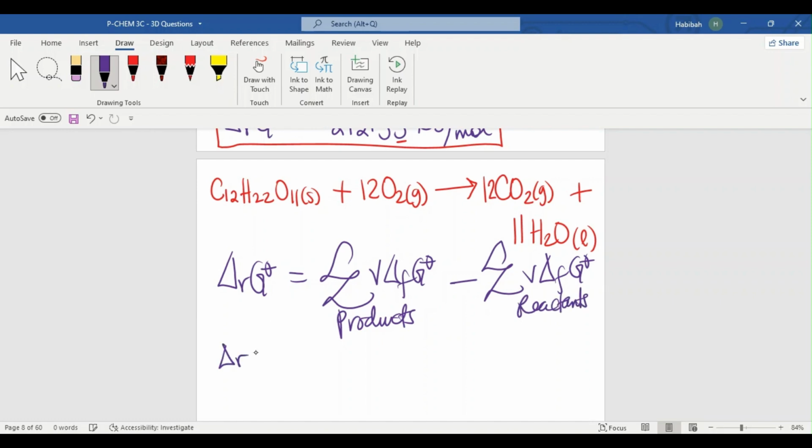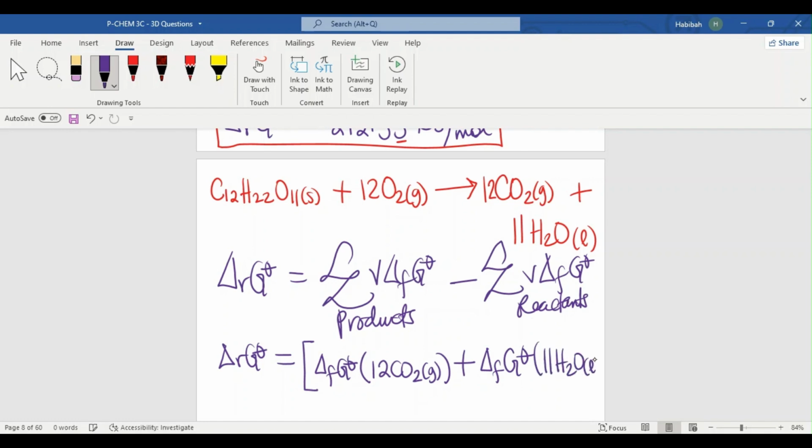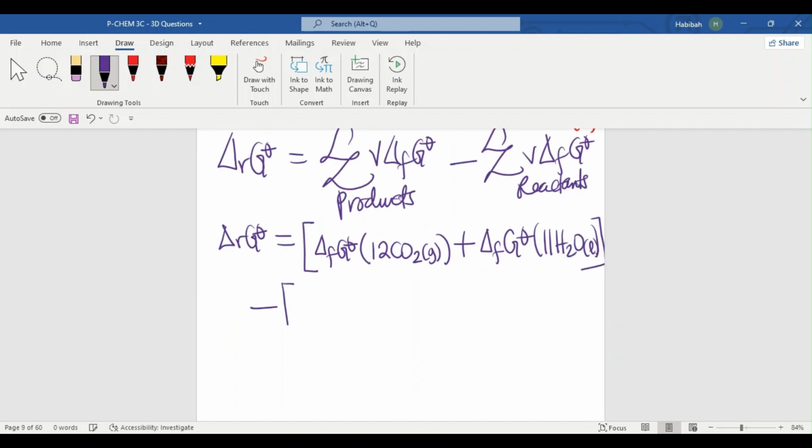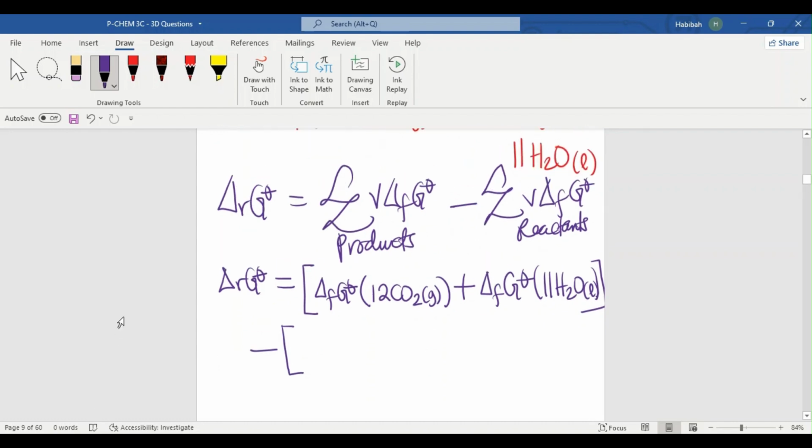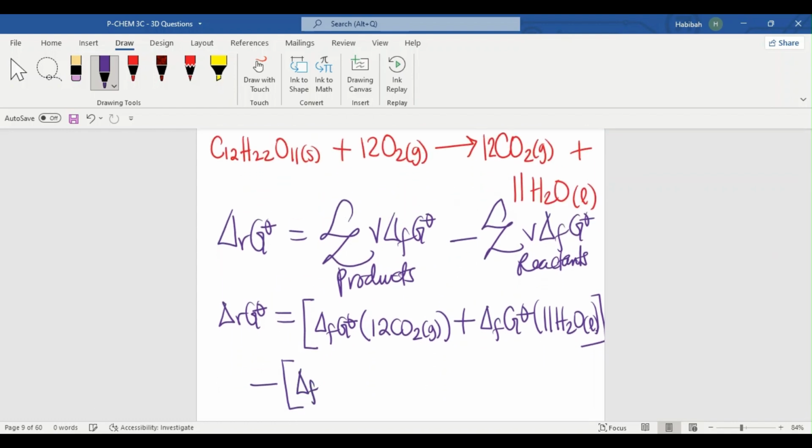So you end up with the Gibbs energy of reaction is going to equal this one right here. You have the Gibbs energy of formation for the first product, 12 CO2 gas, plus the Gibbs energy of formation of the second product, 11 H2O liquid, minus the Gibbs energy of formation for the reactants. That would simply be C12H22O11 solid, the first reactant.